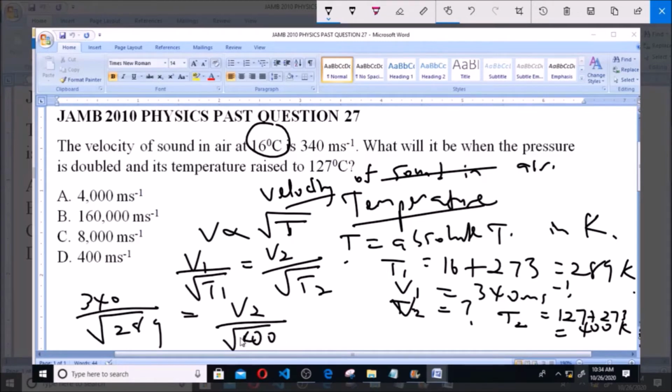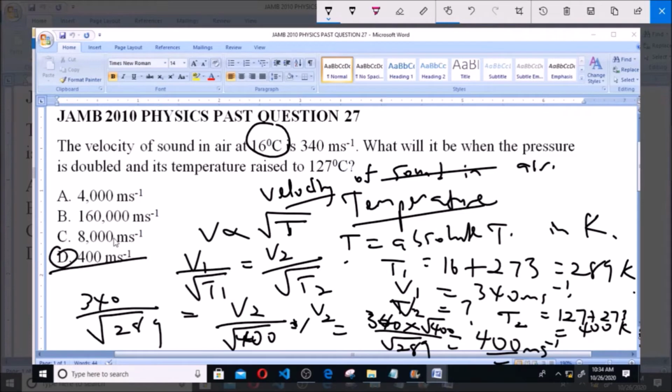So if you make V2 the subject of the formula, V2 is equal to 340 multiplied by root 400 over root 289. And if you solve this, what you will get is 400 meters per second. And 400 meters per second is option D. So D is the correct answer to this question.